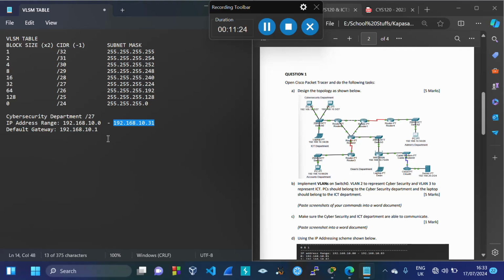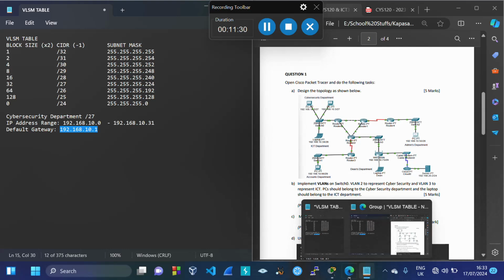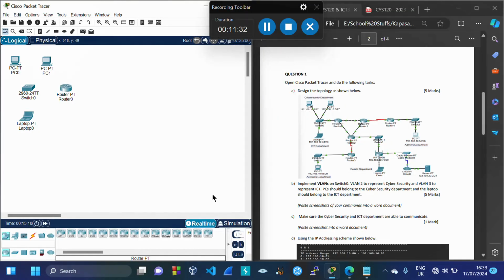Now I'm sure you understand that. So based on that, we are going now to follow up the question under that PC, which is for cybersecurity.